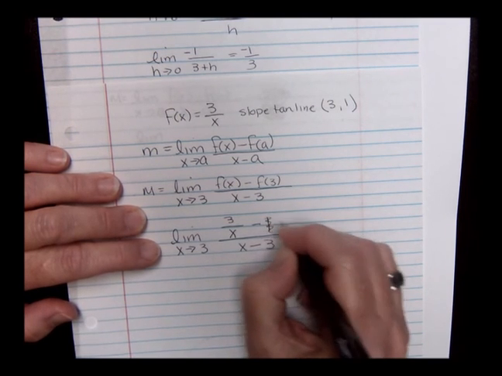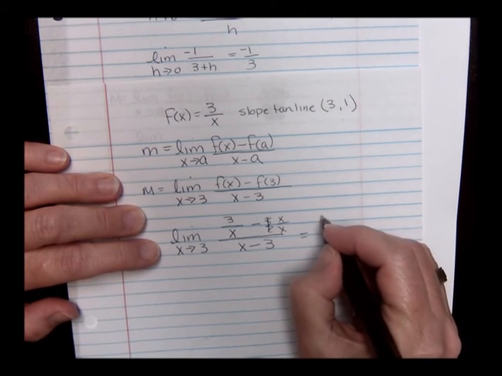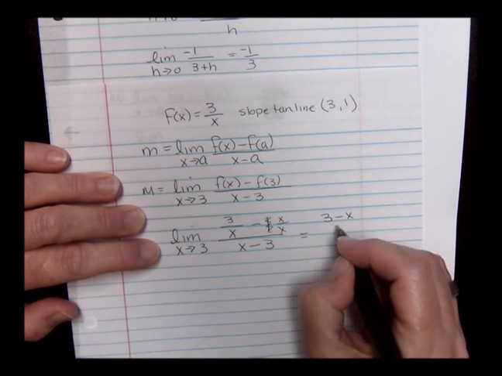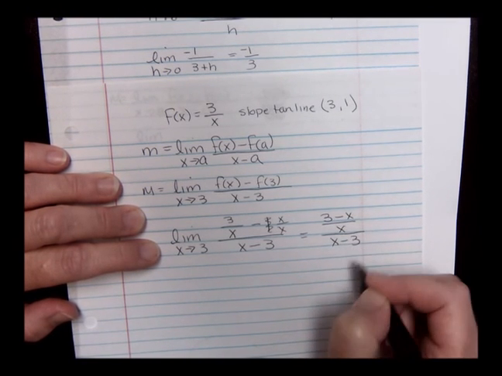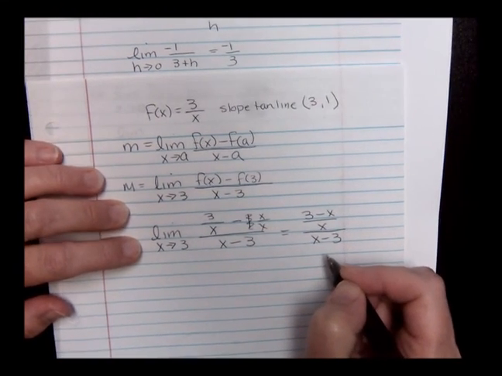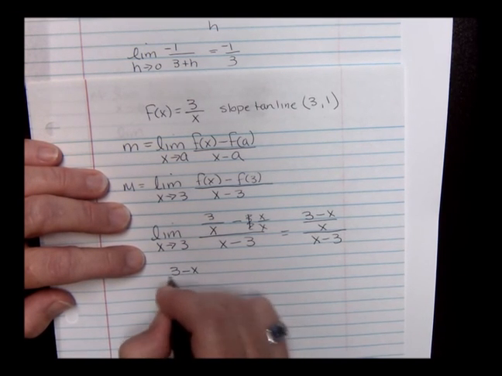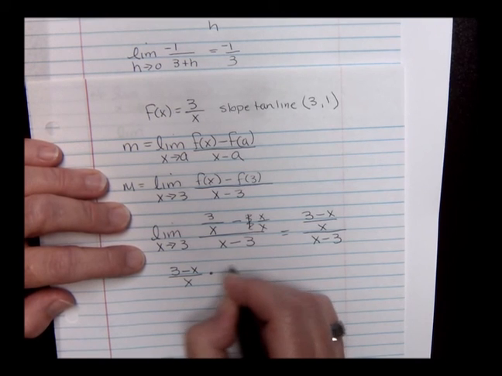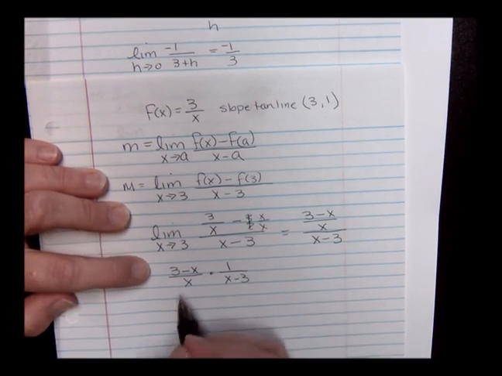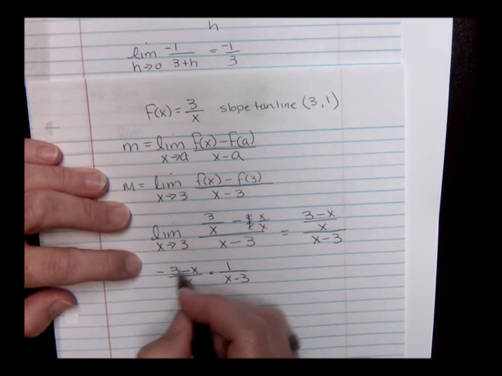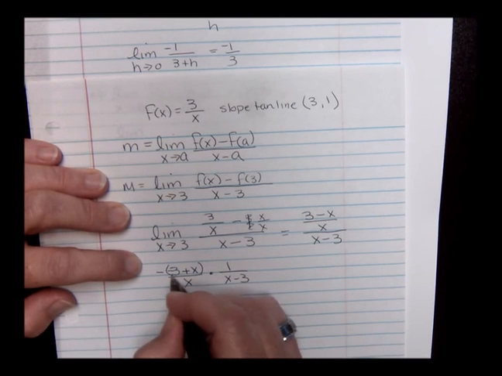So I have x over x. 3 minus x over x, over x minus 3. Now, when I take a look at 3 minus x over x, and I invert and multiply, I can see if I factored out a negative, that I could actually reduce these two.